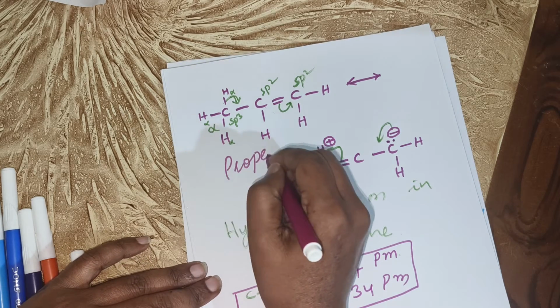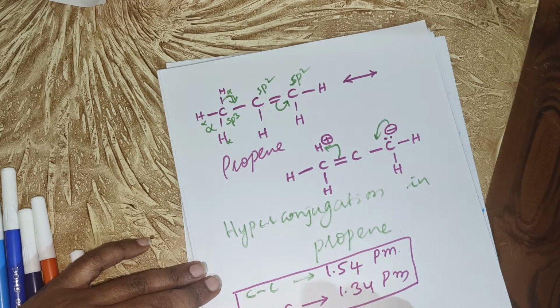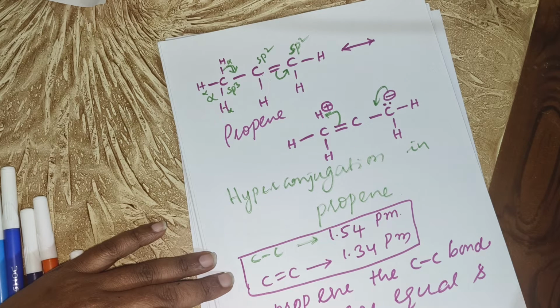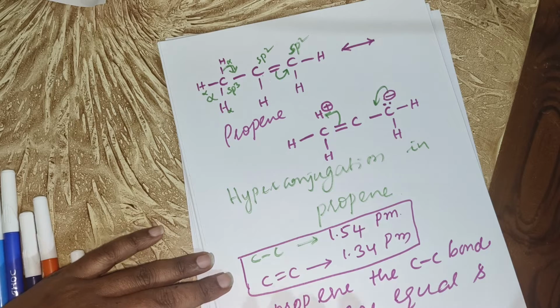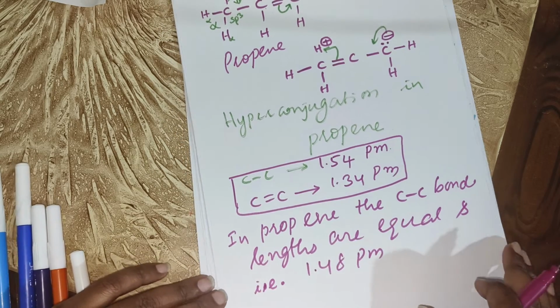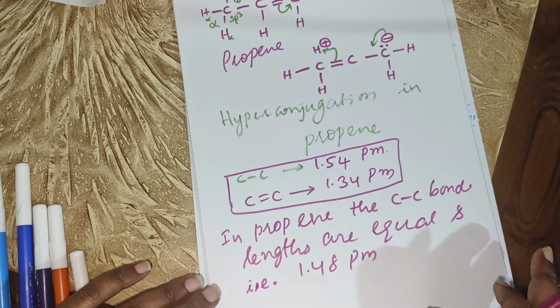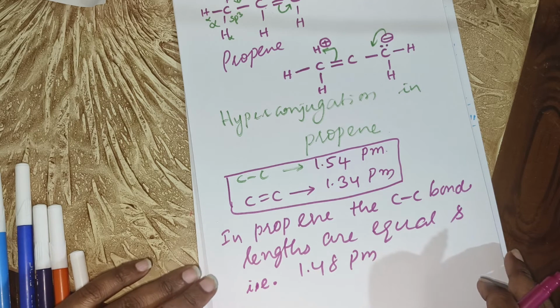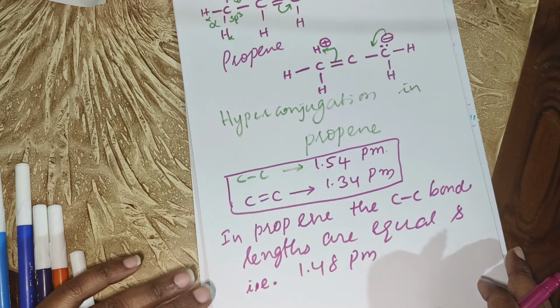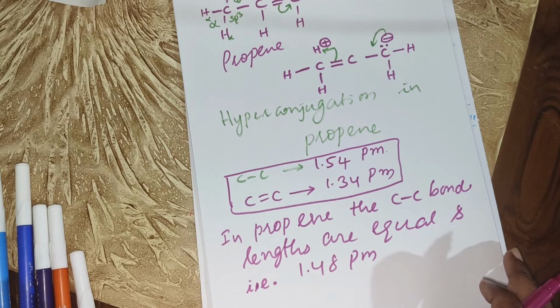You can see here the C-C bond lengths are equal, and that is how much? 1.48 picometers. Both bond lengths are the same. You can see here 1.48 picometers. It remains the same.